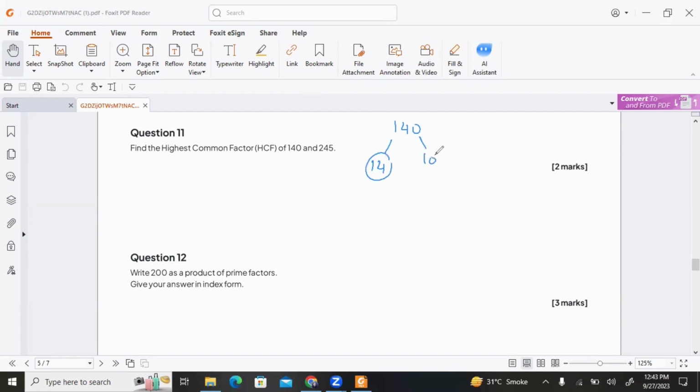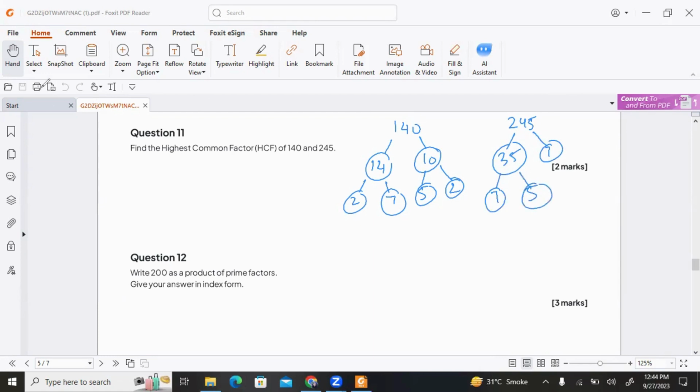So 140 is 14 times 10, which is 2 times 7, and 10 is 5 times 2. For 245, we're going to do 245 is divisible by 35. 35 is 7 times 5.